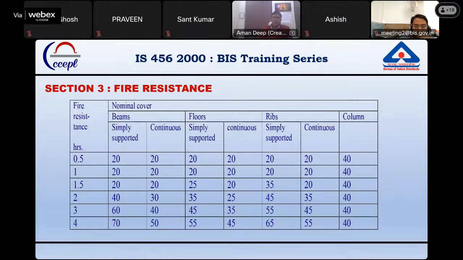So if we have to meet the 2-hour fire rating requirements, then for continuous beams we can have 30 mm cover, and for columns we need 40 mm cover. So this table is to be used to work out the nominal cover.